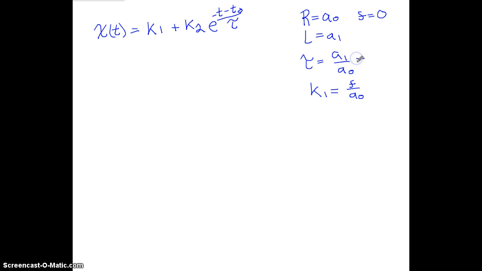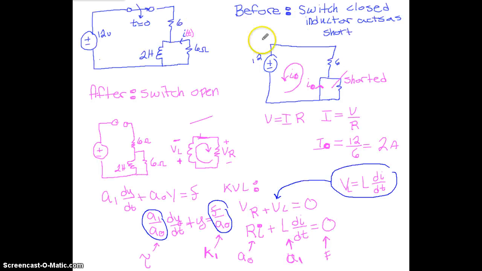So if we just sub these in here, the value of our resistance, for this one right here, we only have that one resistor, which was 6 ohms. The value of our inductor was 2 henries.